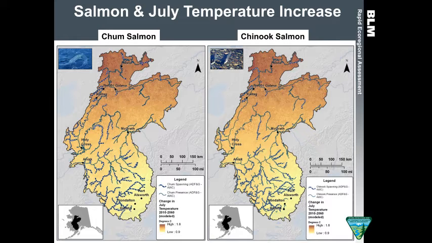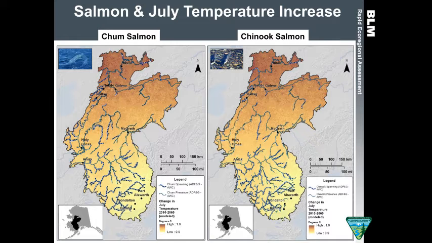We actually have some temperature data for the Yukon River, and over the last decade or so, the temperature has been hovering about 15 degrees Celsius, which is also the threshold beyond which the fish become more susceptible to infection, so the mortality and infection rate goes up with anything beyond 15 degrees Celsius.